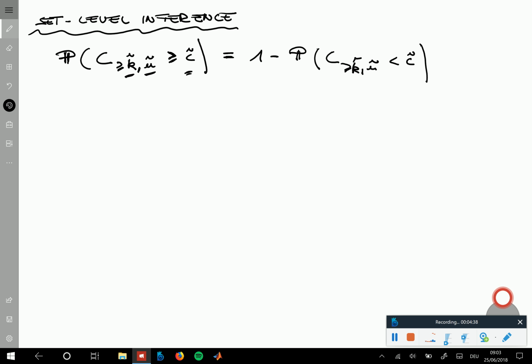This can be evaluated as 1 minus the Poisson cumulative mass function. And there's a typo in the script. It needs to be tilde c minus 1, because otherwise it will include c, and it needs to be smaller than.